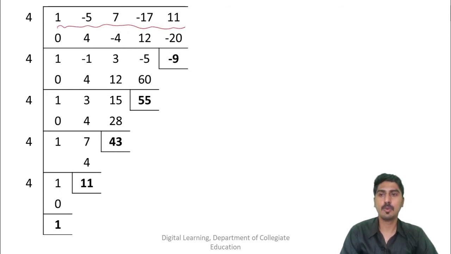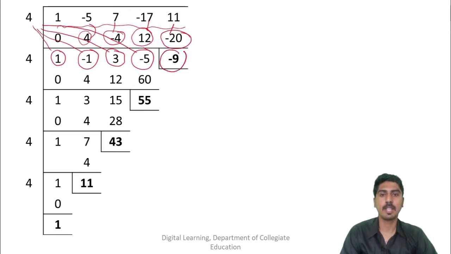To divide by 4, 1 plus 0 is 1. 1 into 4 is 4. 4 minus 5 is -1. -1 into 4 is -4. -4 plus 7 is 3. 3 into 4 is 12. 12 minus 17 is -5. -5 into 4 is -20. -20 plus 11 is -9.